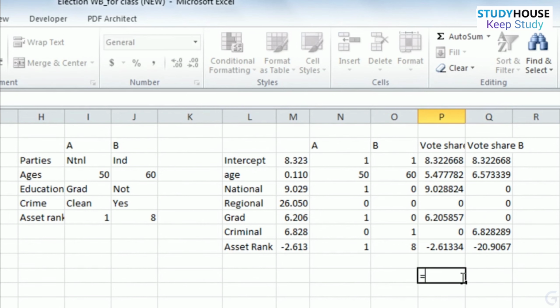So what is the vote share which I am going to have?